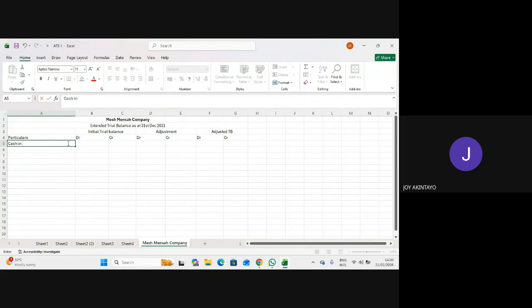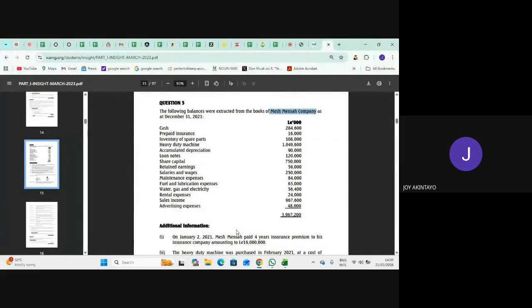What's the value of our cash in hand? We are having 284,600. So our line will be what?